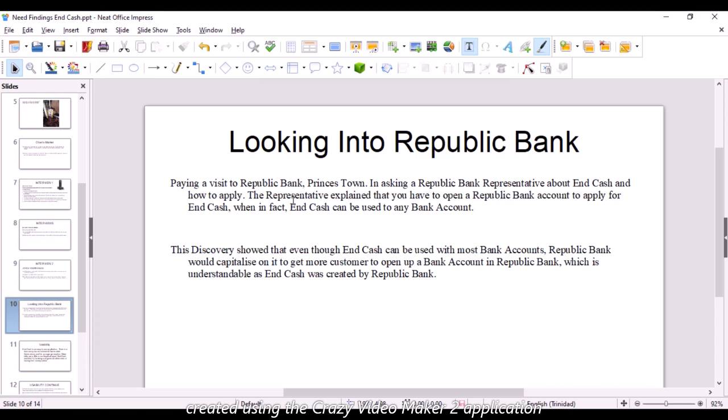When in fact, Encash can be used with any bank account locally. So this discovery showed that even though Encash can be used with most bank accounts, Republic Bank would capitalize on it to get more customers to open up a bank account in Republic Bank, which is understandable as Encash was made by Republic Bank.